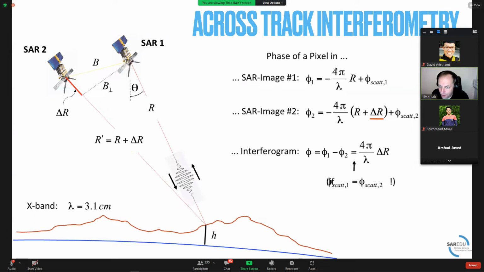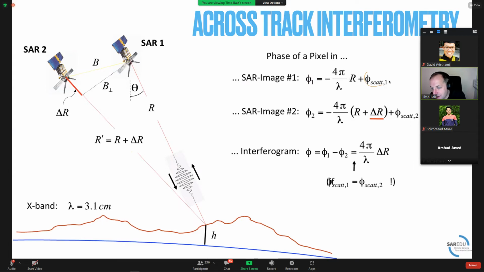It is 4 pi here because it's not one range, it's actually two ranges, 2R. The signal goes there and then goes back. So it's 2 times R. We land at 4 pi divided by the wavelength times R. That's the phase of our pixel.